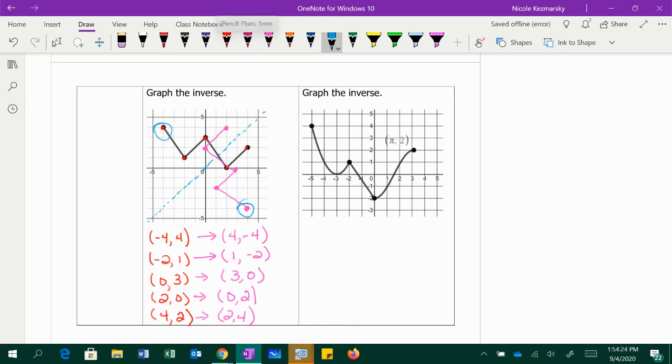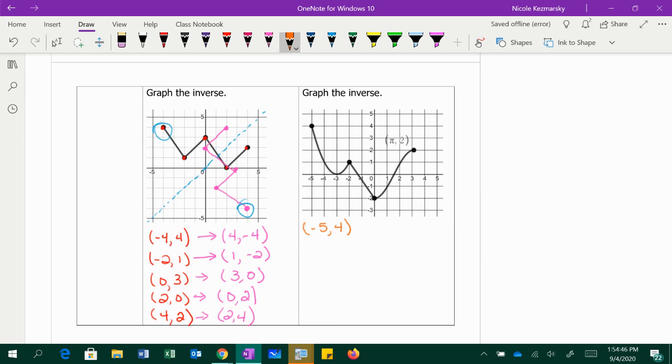Let's try the same thing with the next one, not straight lines this time. So I'm going to take some of those points. So I'm going to take the point -5, comma 4. The next point I'm going to take actually doesn't have a dot on it, but it seems pretty significant. I've got a little bit of a quadratic feel going on here.